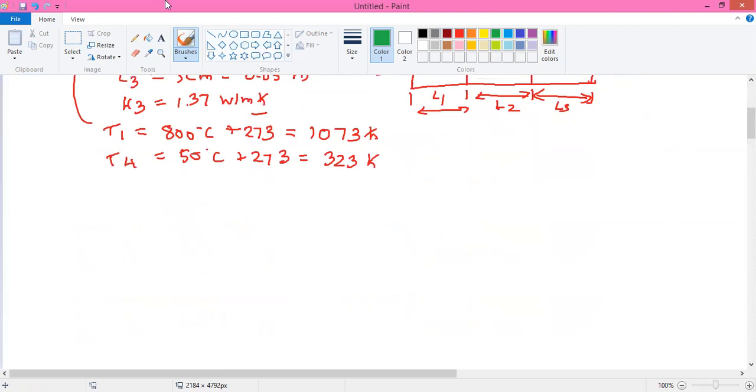So just write it: find Q, that is the heat transfer per unit area. Next we find the temperature T2, that is between the fire brick and masonry bricks. And third, find the temperature T3 between masonry bricks and concrete. Okay, so we have to find these three values.